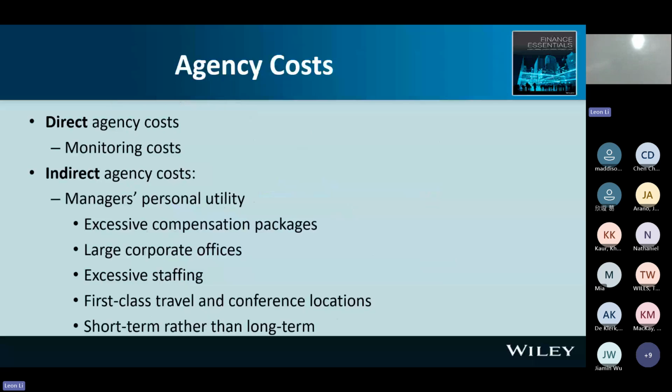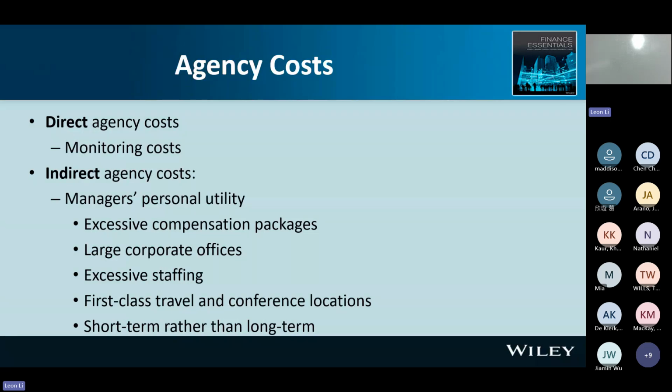So next slide, agency cost. Here, go back to the company. So in a company, we have the manager, but the owners are shareholders or stockholders, right? So we have agency cost. We need to make sure the manager is running the company well. So we have the direct agency cost. That means monitoring cost.